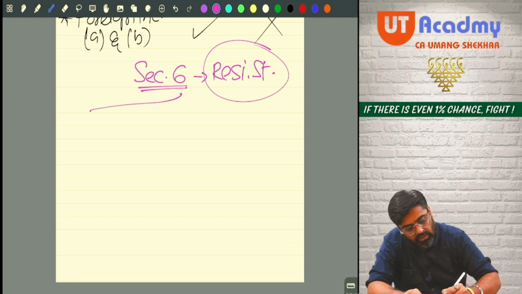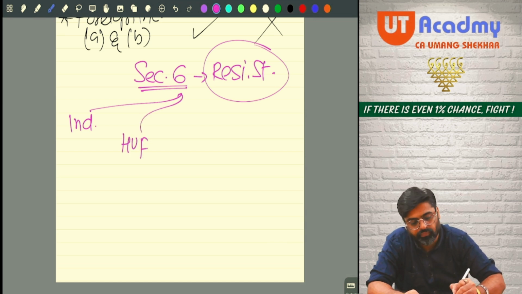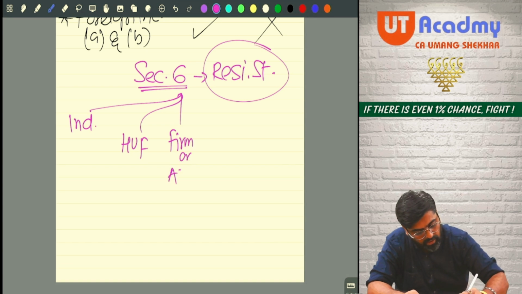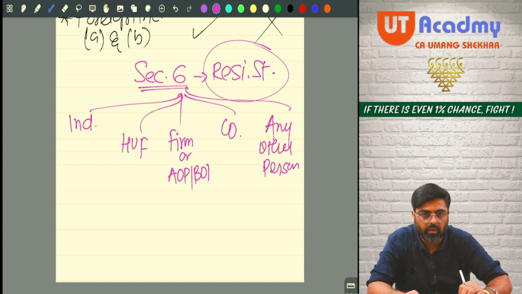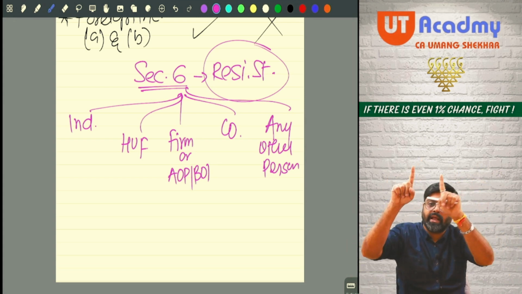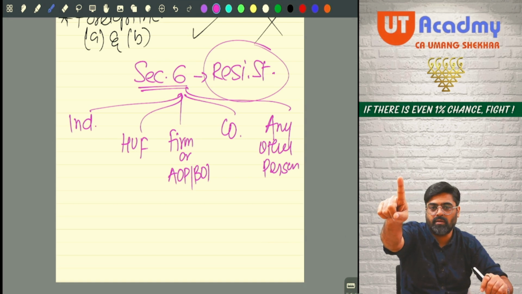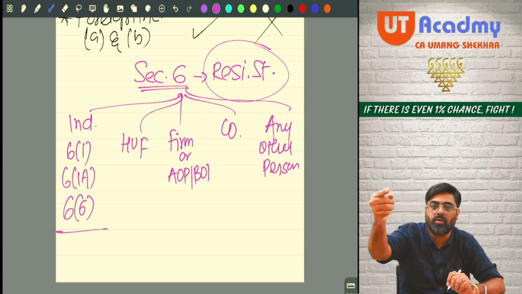So section 6 will tell you that if you are an individual or you are an HUF or you are a firm or AOP or BOI or you are a company or you are any other person, everyone will go to section 6. Section 6 will tell everyone that okay, you are an individual, you follow 6.1, 6.1A and 6.6. You will come to know what is your residential status.